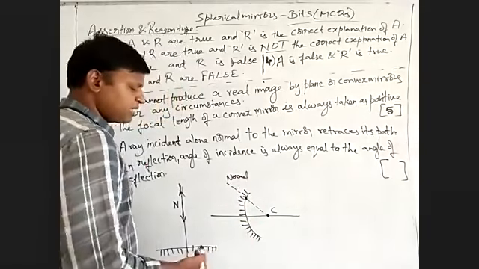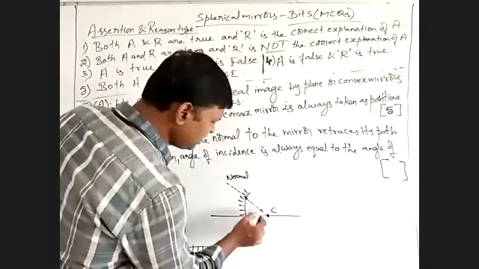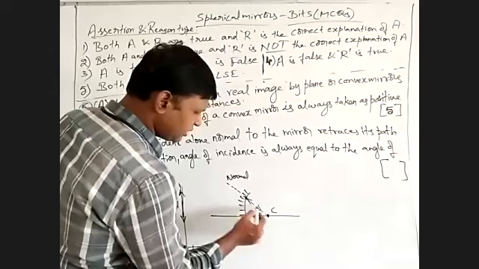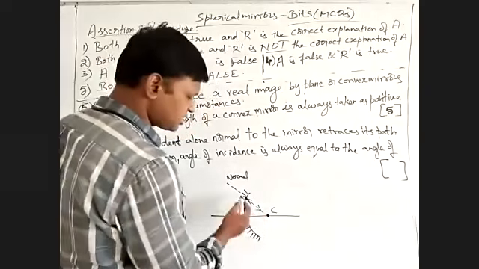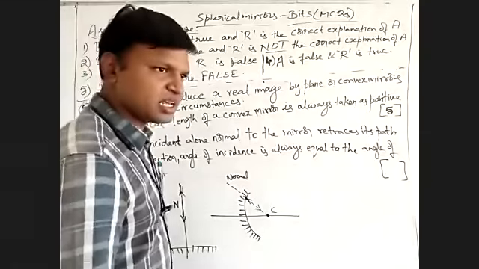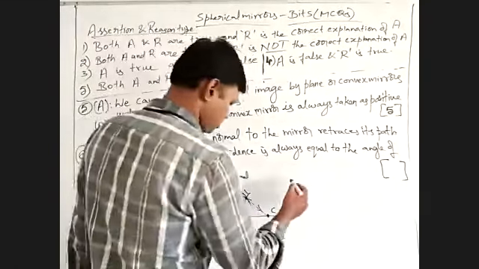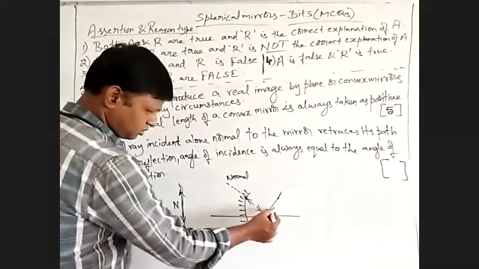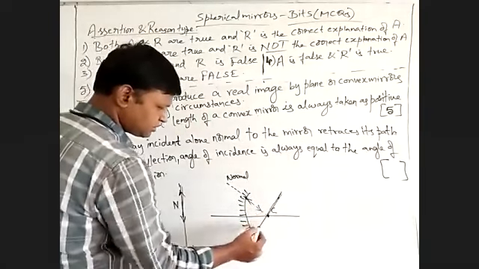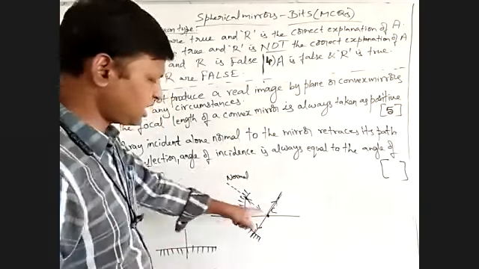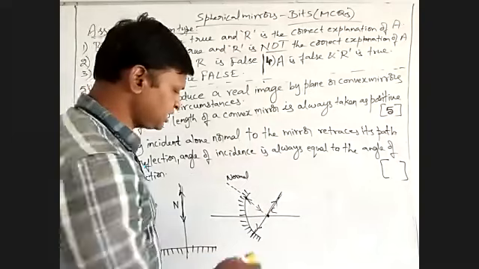So, what is happening here? If a ray is incident like this along the normal, it will trace back the same path once again. It retraces the same path. Suppose a ray is coming like this, it will go back like this. Here I have taken the upper part, here the lower part.